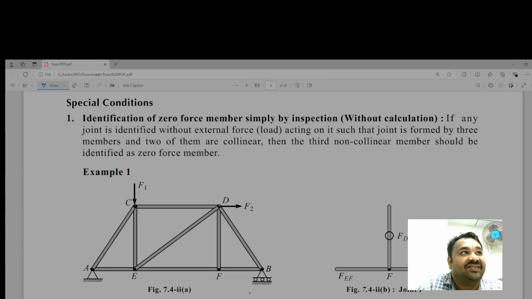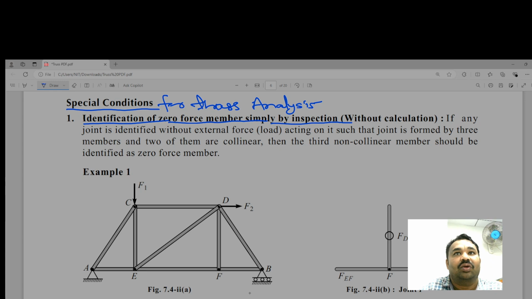Now let us discuss special conditions for truss analysis. First one, identification of zero force member simply by inspection without calculation.